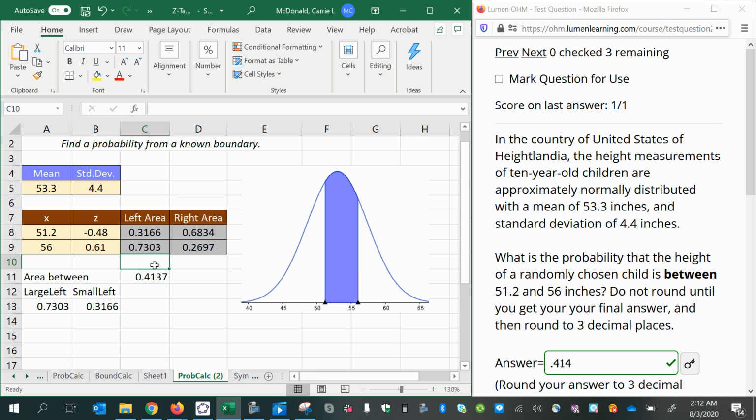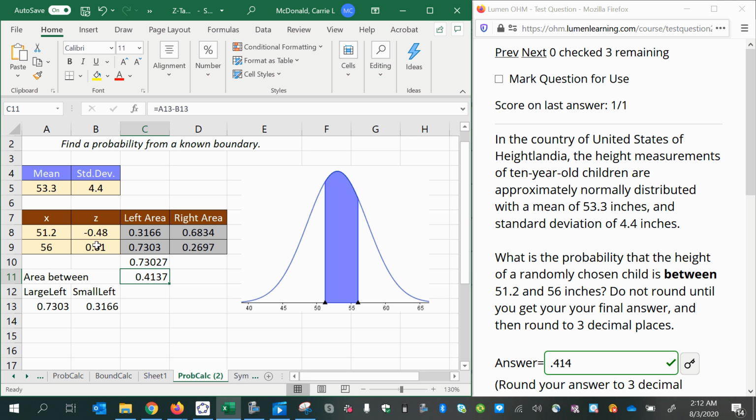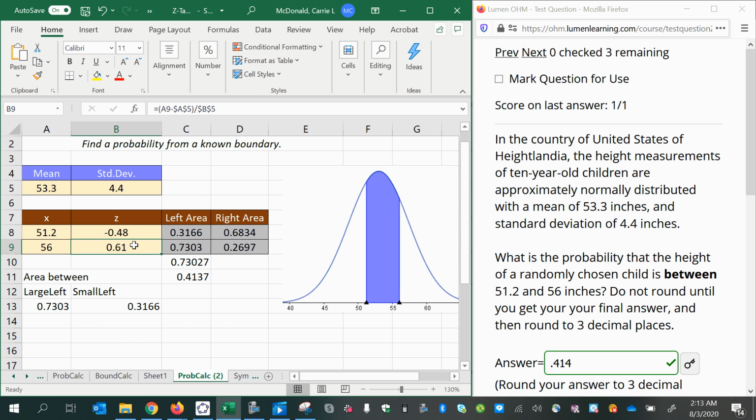Now, if I do the same thing again with the z-score, with a mean of 0 and a standard deviation of 1 for cumulative. Oh, that's still different than what I had. Must be because this is not rounded to 2 decimal places.